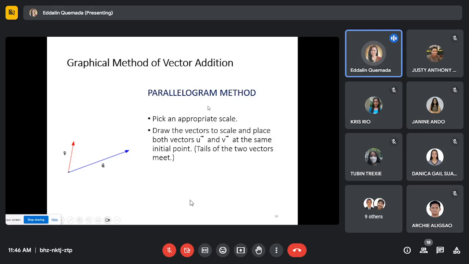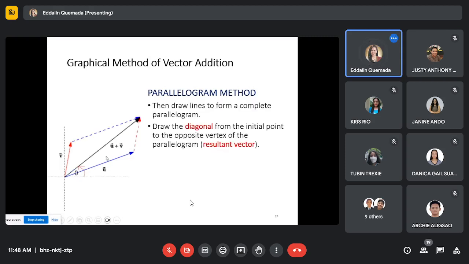Now, the diagonal of the parallelogram, which is drawn from the point of origin to the point of intersection of the two parallel sides, is the resultant vector. So this diagonal is simply equal to u plus v.